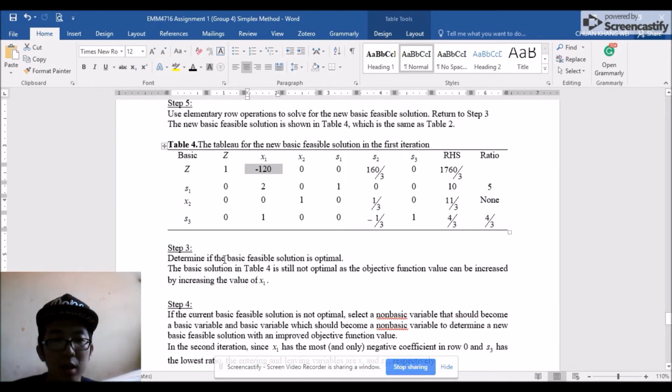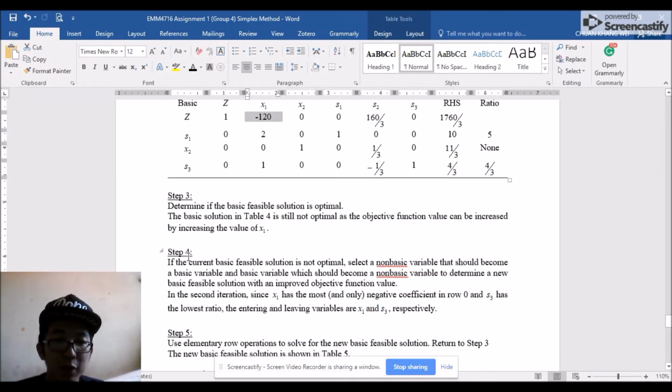Since it is not optimum, we will use x1 as our pivot column. From step 4, we identify which are the basic variables and which are the non-basic variables. After choosing x1, we do the ratio test.